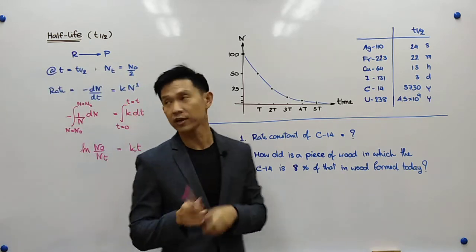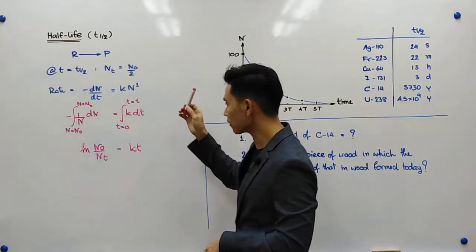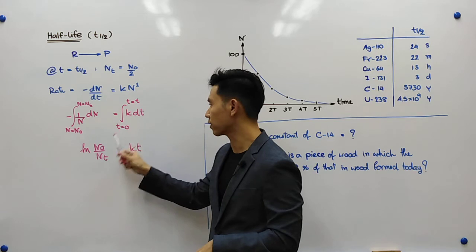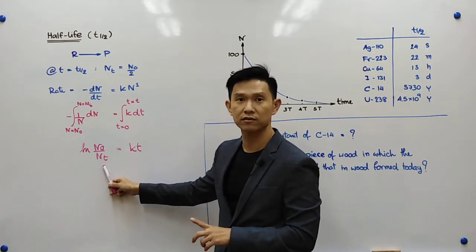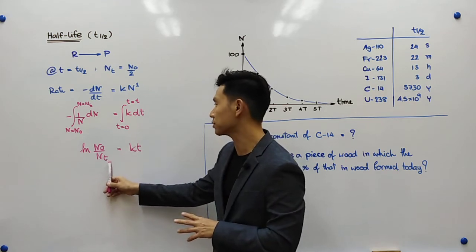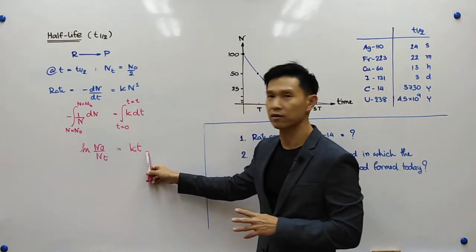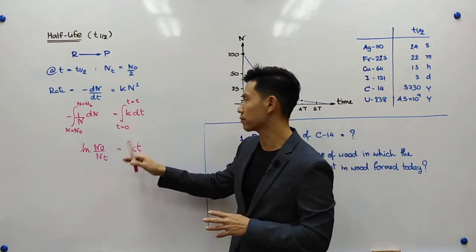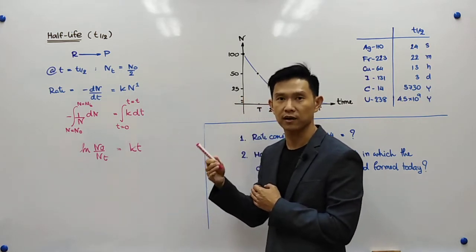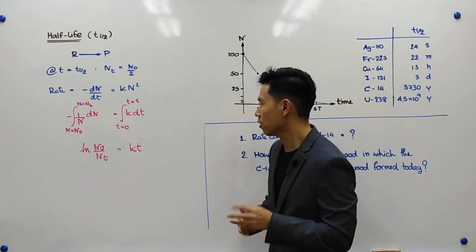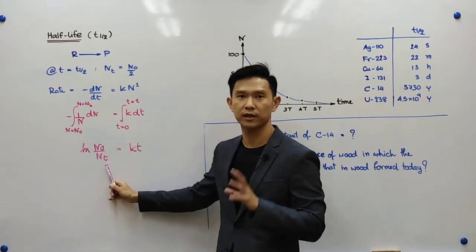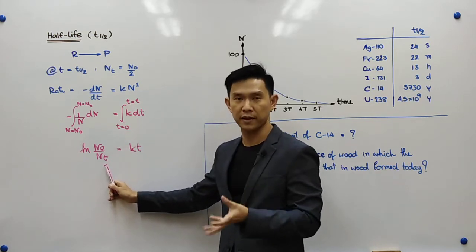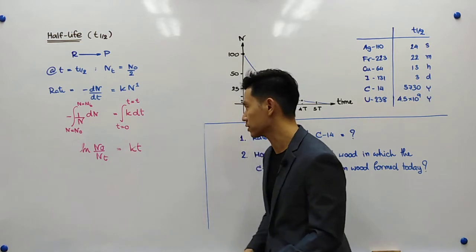That means if you know the original amount and the final amount at t equal to t, then we know how long it takes to decompose this amount of radioactive isotope. Or if we know t, then we can know the amount of the radioactive isotope that remains from this kind of decomposition.